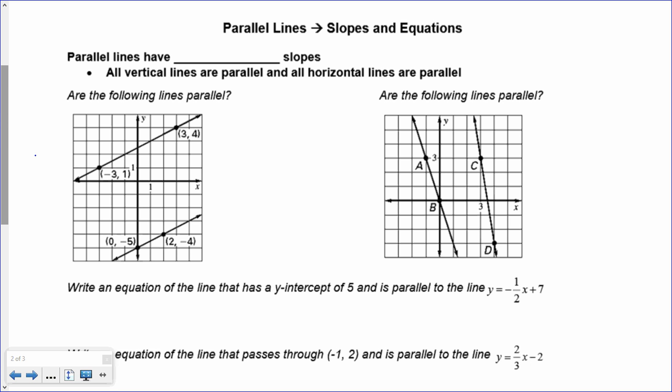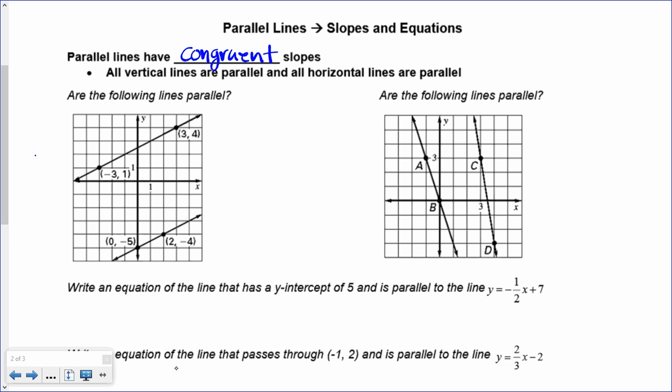Yes. All right, what do you guys know about the slopes of parallel lines? They're what? They are the same. So parallel lines have congruent or equal slopes. Whenever you guys are looking at lines and comparing the slopes, if they have the exact same slope, then they're going to be parallel.